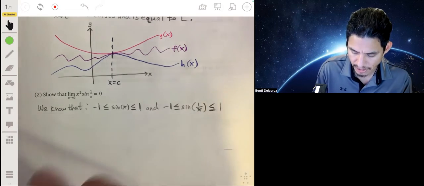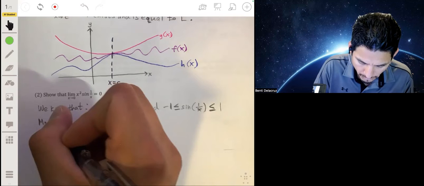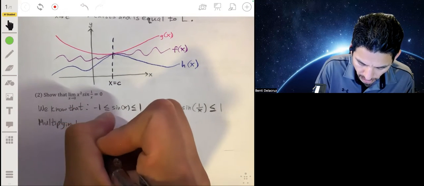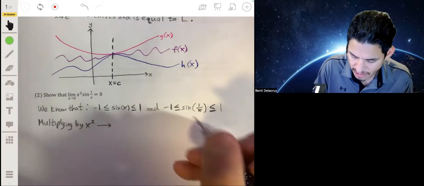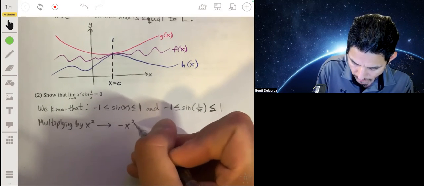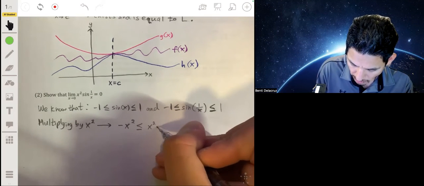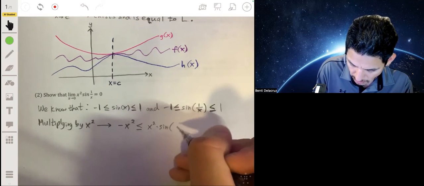So if we multiply this by x squared, we're going to get -1 times x squared. We'll get negative x squared is less than or equal to x squared times the sine of 1 over x.